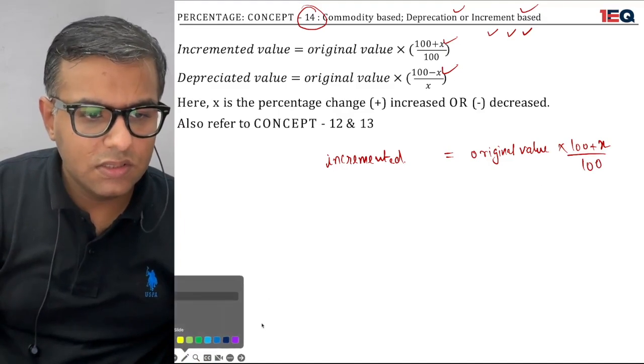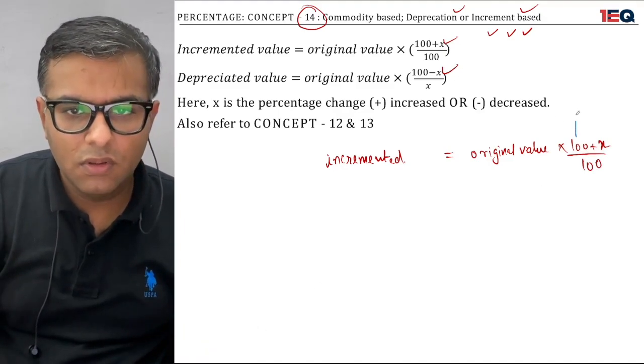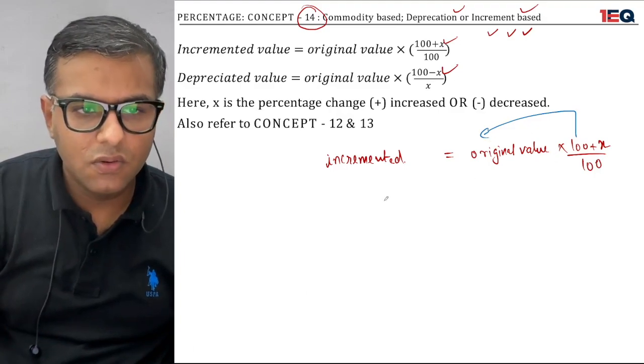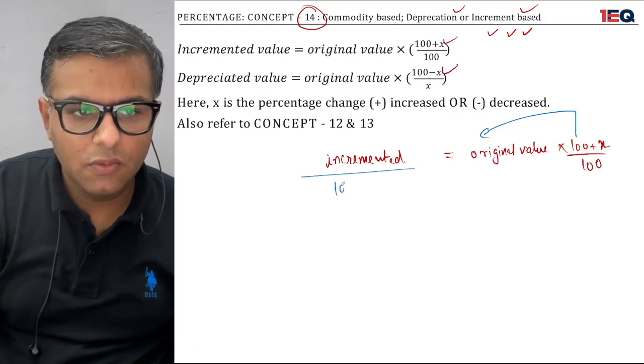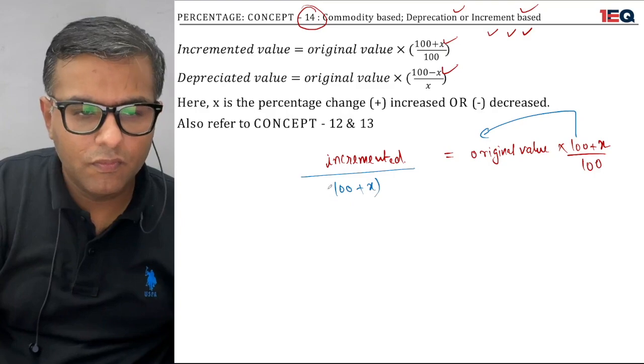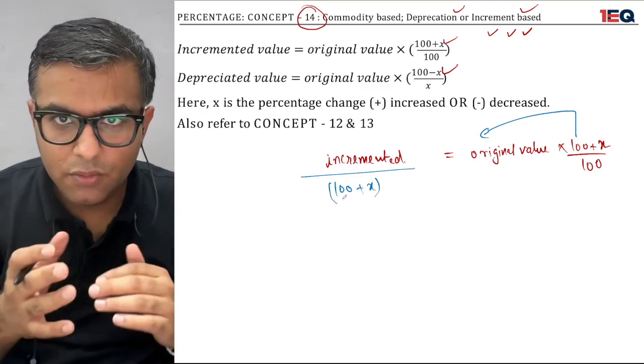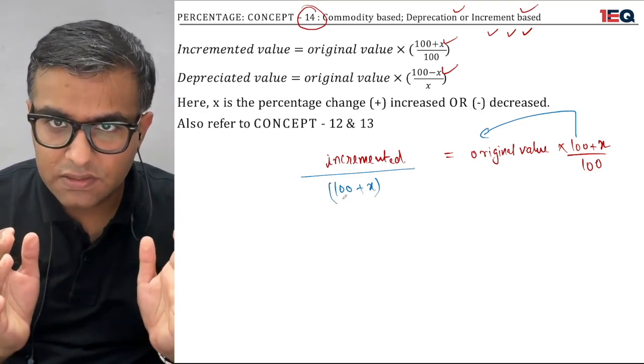I'll just change the pen and show you what I'm talking about. If this 100 plus x goes in the denominator of the incremented value, now the incremented value has a denominator that is bigger in size.